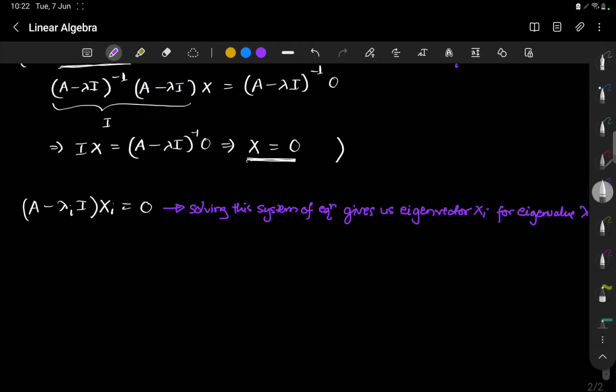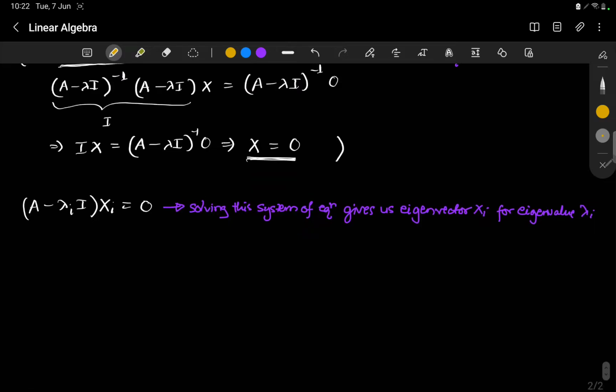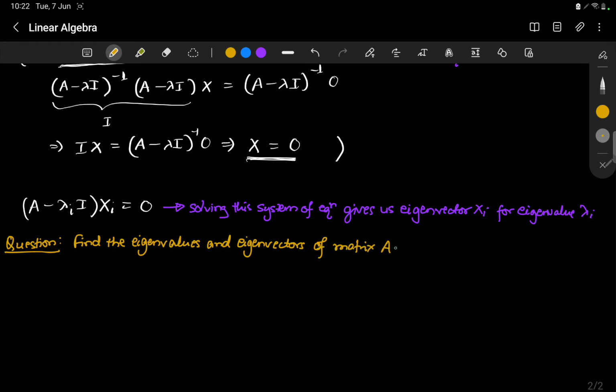Now let us look at the question. The question says, find the eigenvalues and eigenvectors of the matrix A, where A is given as follows.